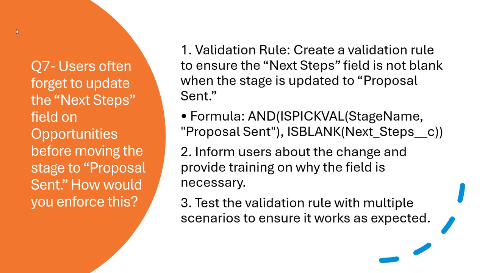So I'll use a formula for the validation rule, like I'll use an AND condition, I'll use ISPICKVAL where the stage name equals proposal sent, and also I will use the function ISBLANK and I'll provide the next step field there. So whenever a user is choosing proposal sent, they cannot leave the next step blank.